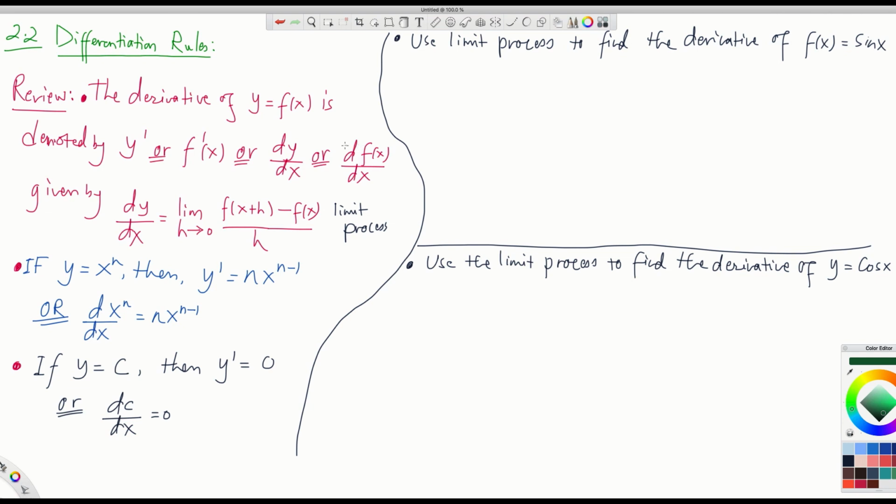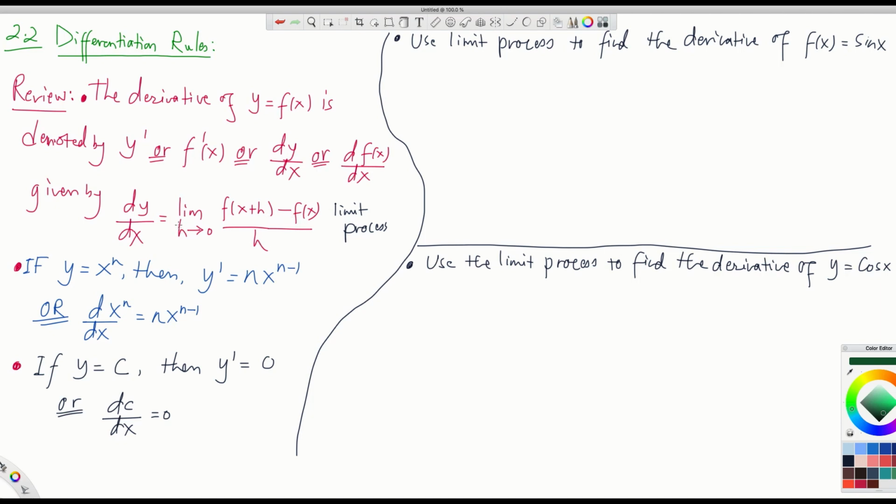But what is the meaning of the derivative? What is the definition of the derivative? What is the formula of the derivative for any function? We gave the definition of the derivative by the limit process. So the limit definition of the derivative is dy over dx, or y prime, or f prime of x, is the limit as h tends to 0 of f of x plus h minus f of x, divided by h.